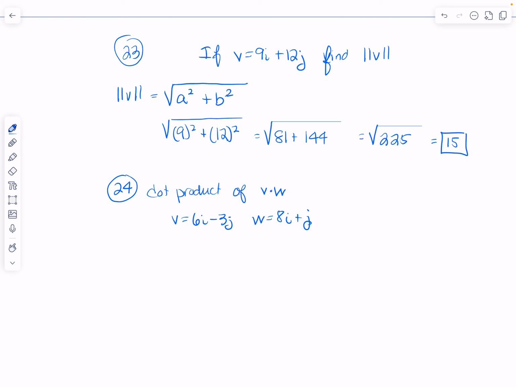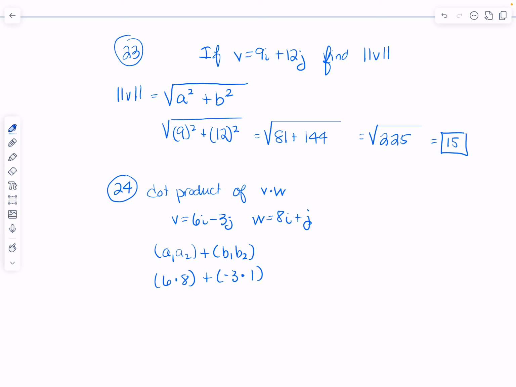So the dot product says we take the a components and we multiply those together, plus we take the b components and multiply those together. All right, so a1 is 6 times a2 is 8, plus b1 is negative 3 times in front of j on that w vector is 1.